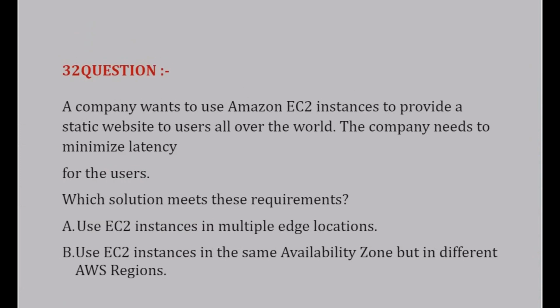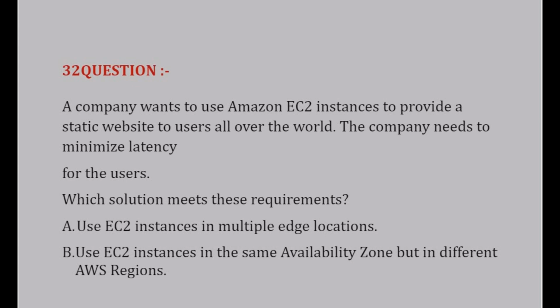Question is, a company wants to use Amazon EC2 instances to provide a static website to users all over the world. The company needs to minimize latency for the users. Which solution meets these requirements? Option A, use EC2 instances in multiple edge locations.